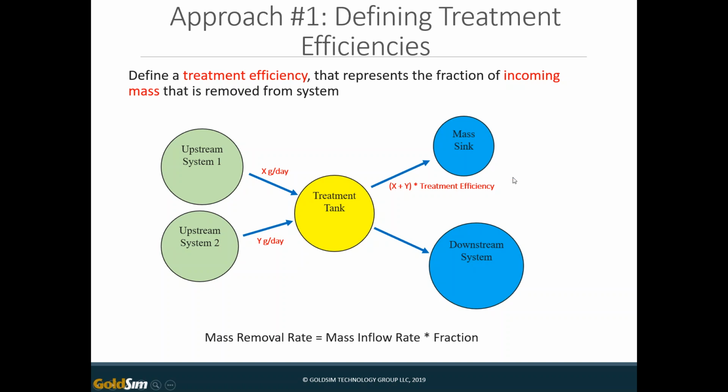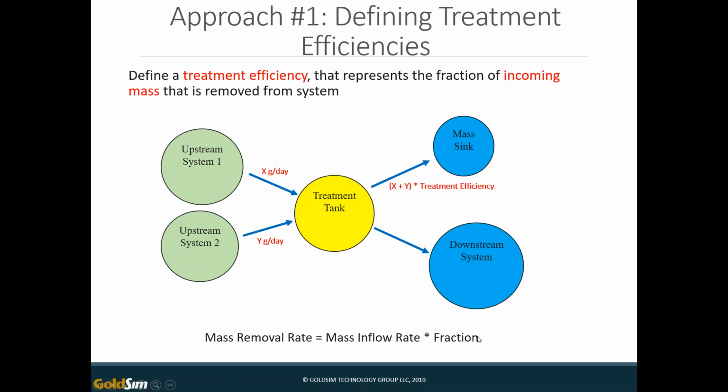So we're not saying what happens, we're just saying, just remove this much mass. If I've got a treatment efficiency of 0.99 and 1 gram per day enters the tank, 0.99 grams per day is going to be pulled out of the system, and the rest is going to move into the downstream system.